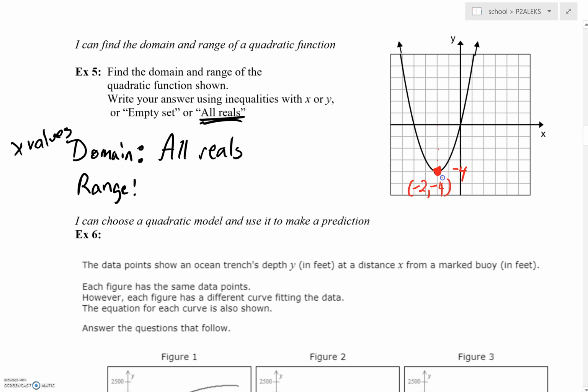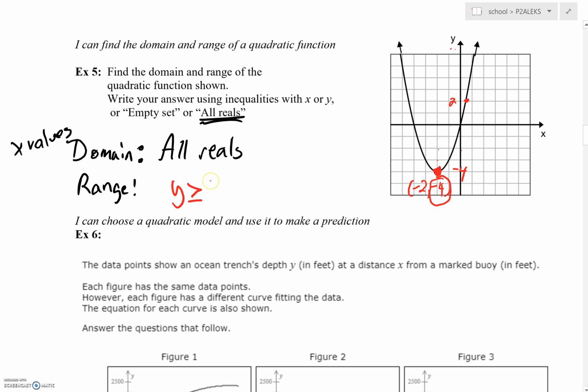I hope you can see that the smallest Y value you could ever have is -4. You could get larger. You can go all the way up to like Y values of 2 or whatever you'd like. You can't get smaller than -4 though. So you're going to say Y is greater than or equal to -4.